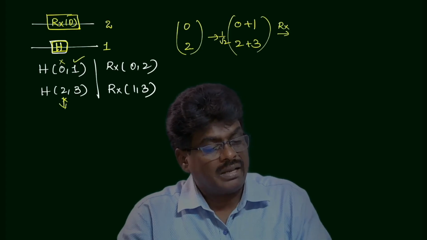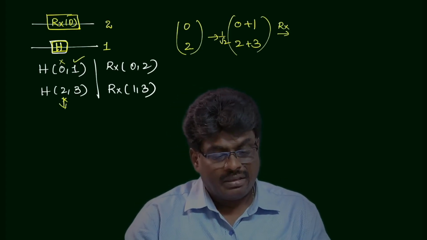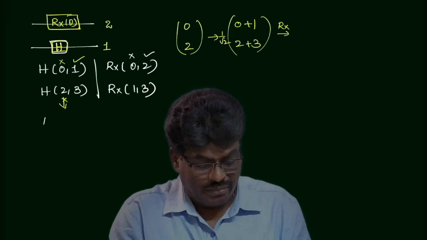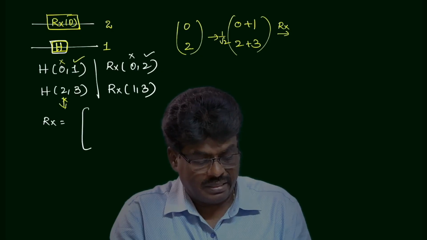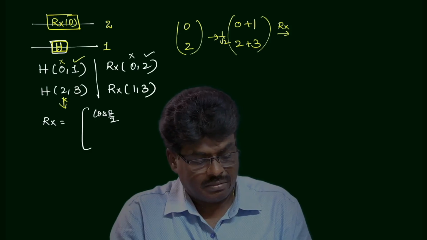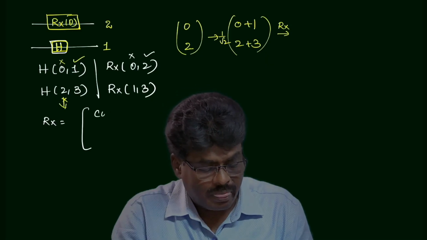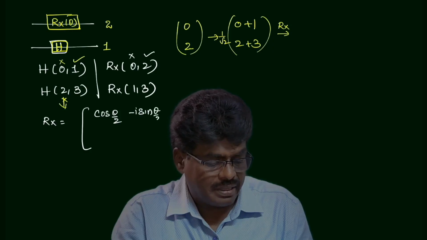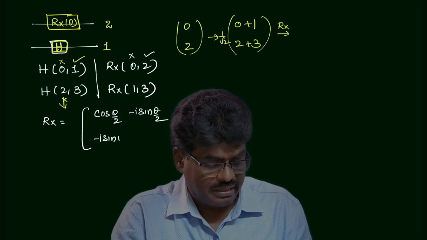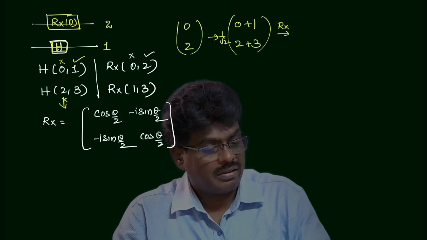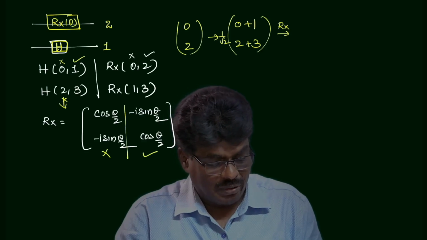And the next Rx operation. Okay, so Rx operation, this is off and on. In case you forget, I will write Rx theta: cos theta by 2, minus i sin theta by 2, minus i sin theta by 2, and cos theta by 2. Now here this is off and on.